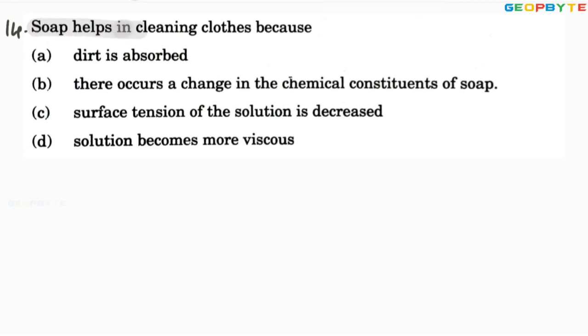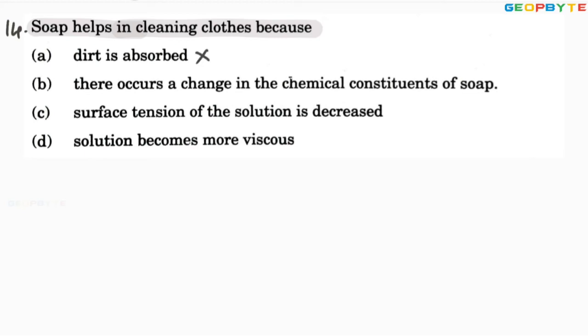Soap helps in cleaning clothes because, you know, when you use soap or powders like Rin powder or Tide powder, the surface tension of the liquid decreases. Look at option A: dirt is absorbed.